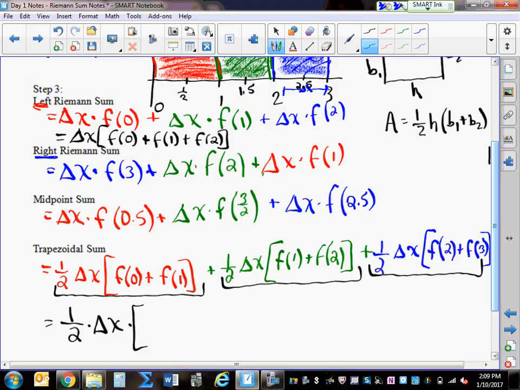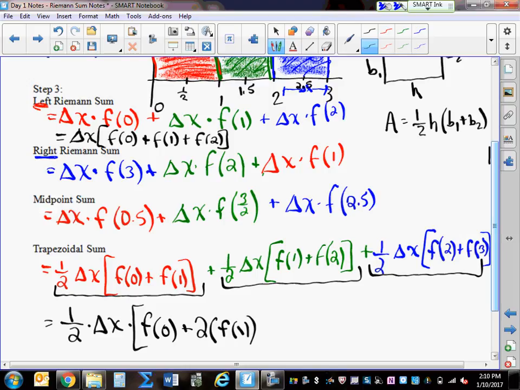And then let's take a look at what we have left inside. Alright, so I have f of 0. How many f of 1s do I have within my entire thing? Yeah, 2 of them, which makes sense because it is shared by both trapezoids there.